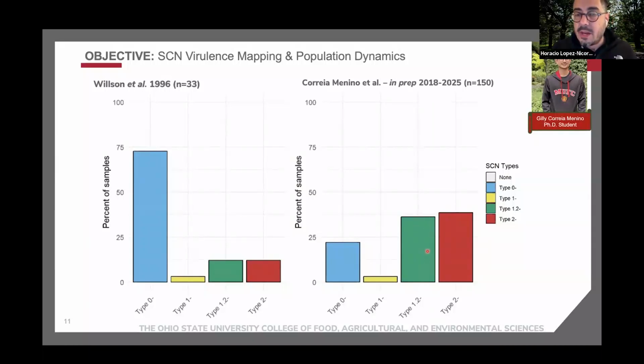And this one here, the green one, is my nightmare. My nightmare because it's a population of soybean cyst nematode that can reproduce on 1 and 2, which means that it can reproduce on Peking above 10% compared to a susceptible and on PI 88-1088. And those are the 2 commercially available sources of resistance for SCN. So we're in trouble.